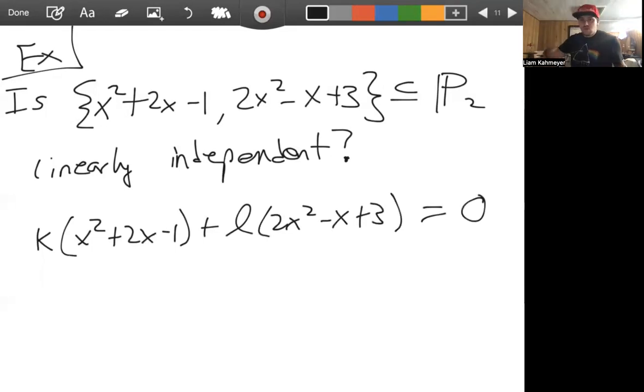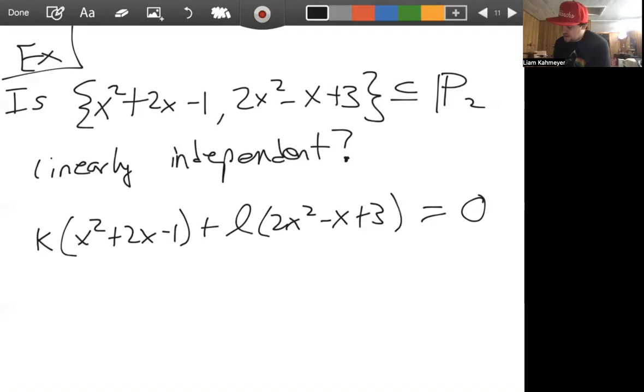That's sufficient to show that this set is linearly independent. If we can find a solution where either k or L are non-zero, then we'll know that it's not linearly independent, okay? So let's go ahead and start here.